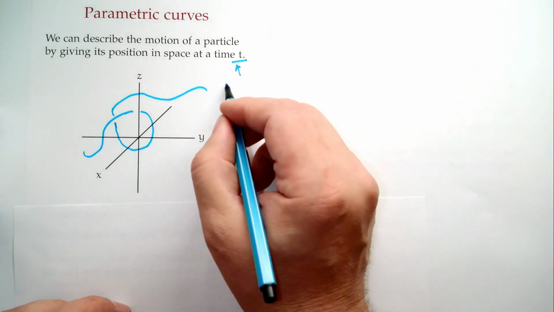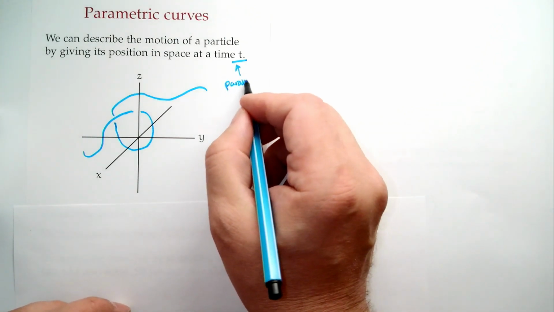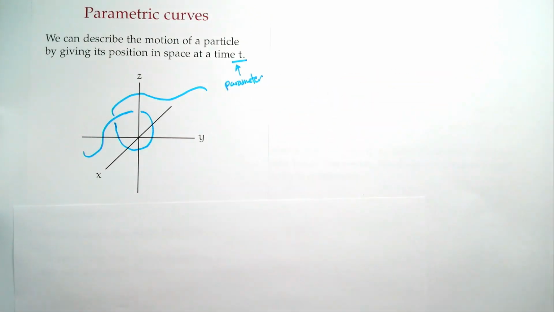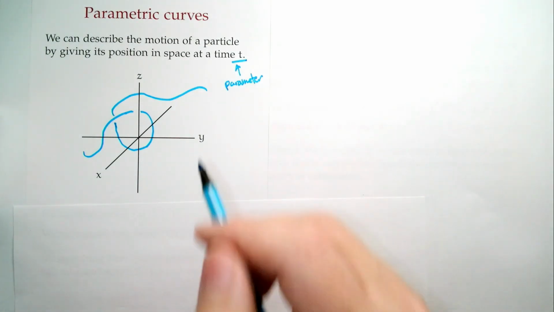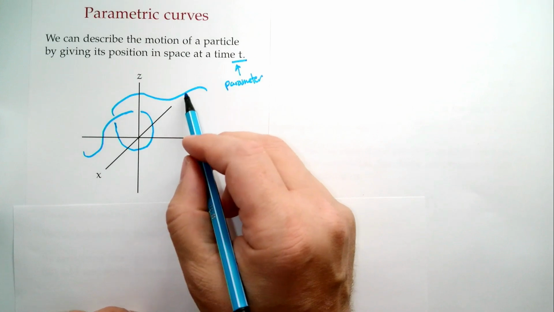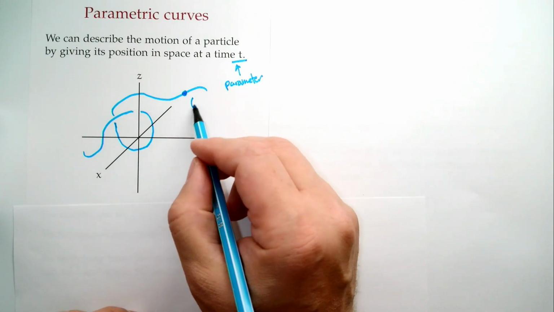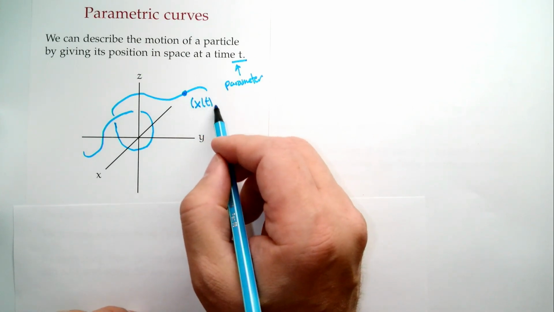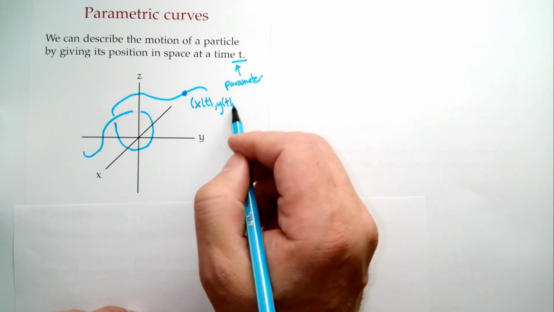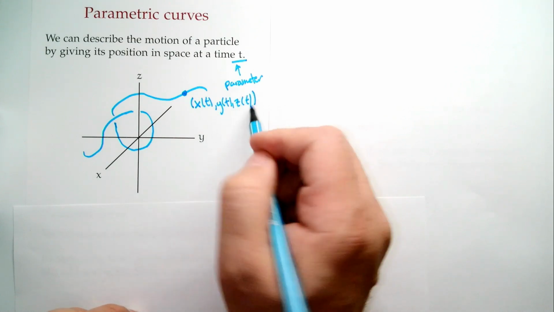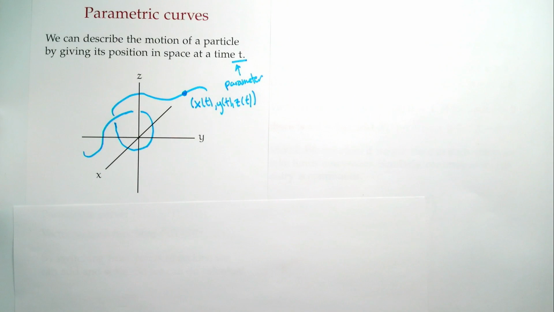This is what we call our parameter. So the word parametric is from the idea of there's this parameter. So at any given time, I can figure out where I'm at. So I can say, to figure out my location, what's my x-coordinate, what's my y-coordinate, and what's my z-coordinate. And once I have those coordinates, I have my location.